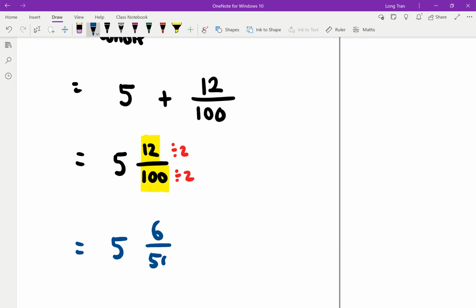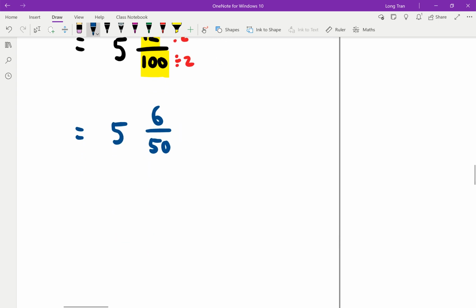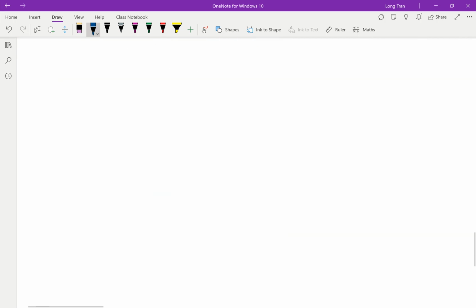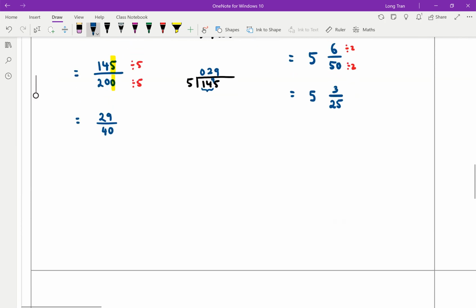Can I reduce that any further? Again, they're both even numbers. I keep reducing until I know a times table that can fit in both numbers. So 2 goes into 6 3 times, and 2 goes into 50 25 times. And I can see that that is going to be the highest common factor that I can find. So that's the simplest form.